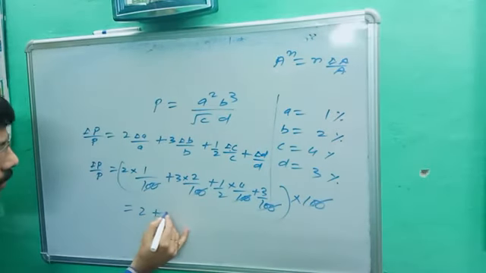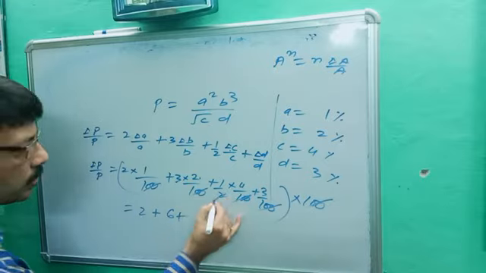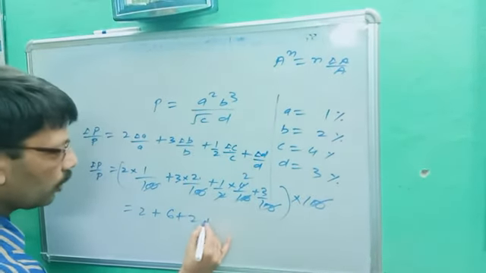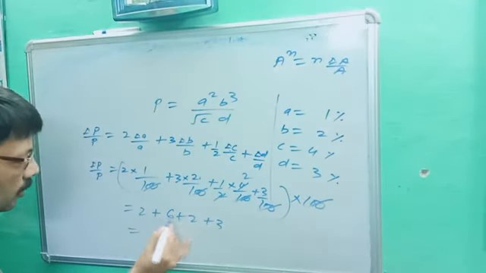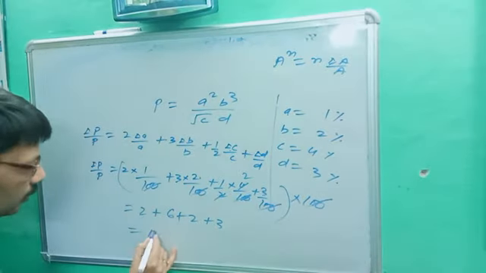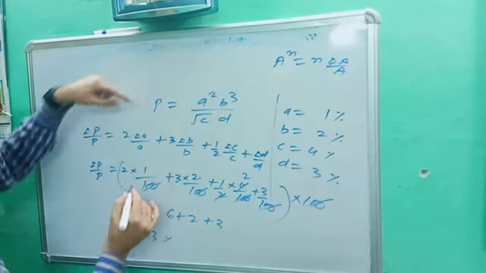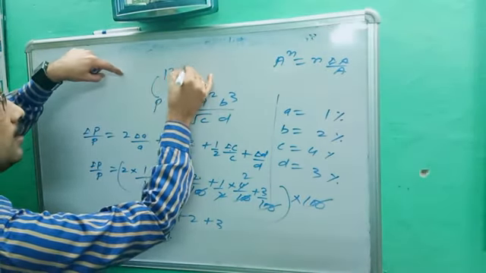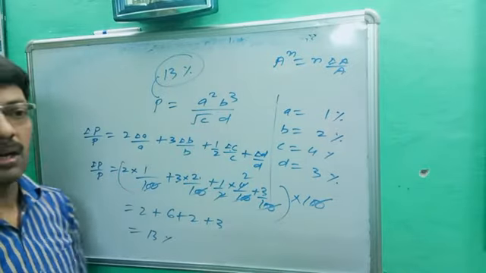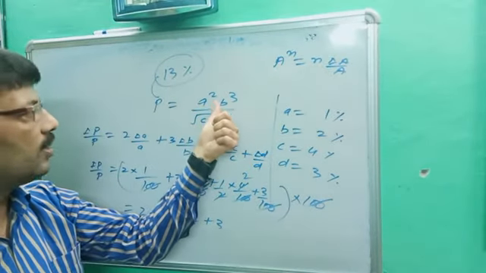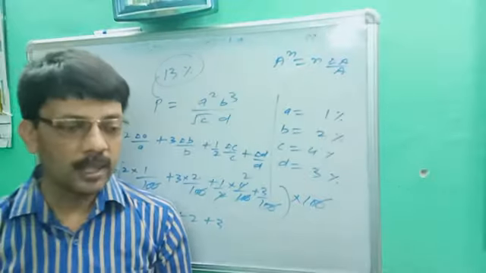We will get 2, plus 2 3s are 6, plus 2 2s are 4, plus 3. We will get 6, 4 makes 10, and 3 makes 13%. So the error in P is equal to how much percent? 13%. This is called combination of error in multiplication, division as well as in power. Okay, that's all for today.